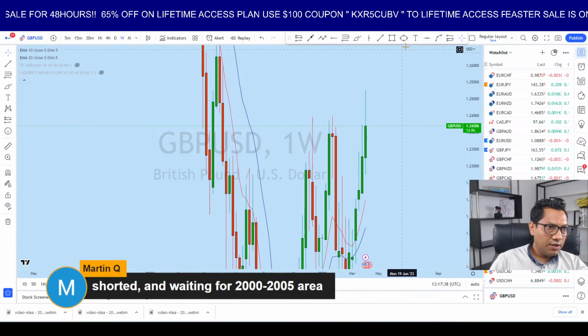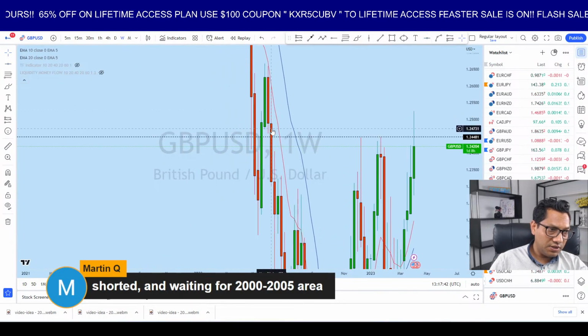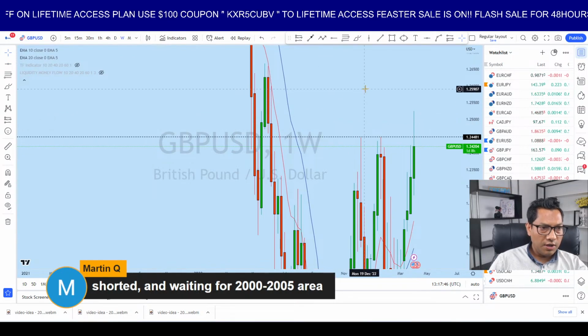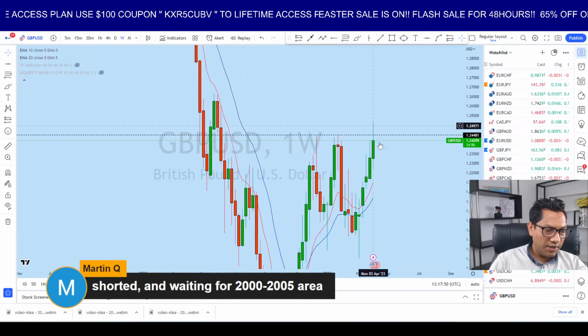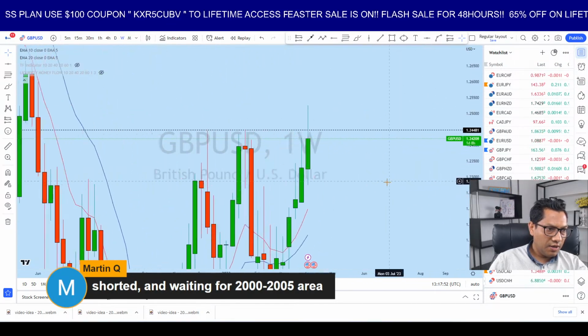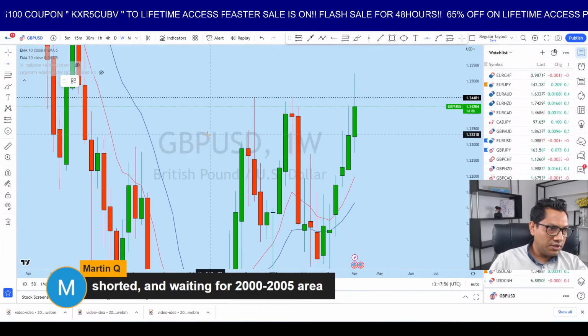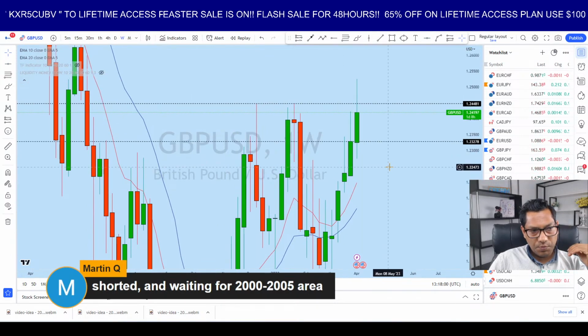You can see this resistance is broken, and this price was last visited almost a year ago, in May 2022. Because it's a very high price, we might see the price come again. This is the weekly chart on GBP USD. We might see the price coming to the weekly support zone and then picking up again.